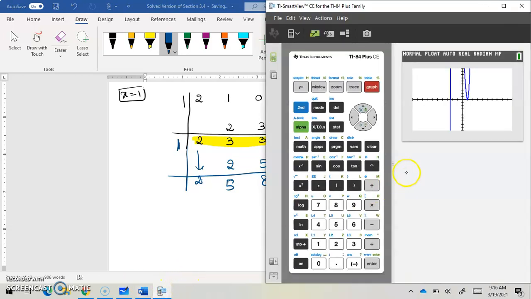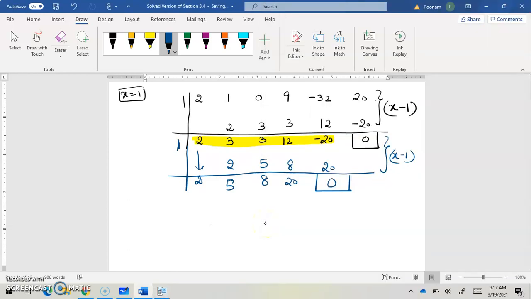If you look at the calculator, it looks like negative 5 by 2 is a zero. So let's try that. The reduced quotient is what we are going to use as the coefficients now, and we write negative 5 by 2 here. Use synthetic division. 2 comes down, multiply, that will be negative 5, 0.